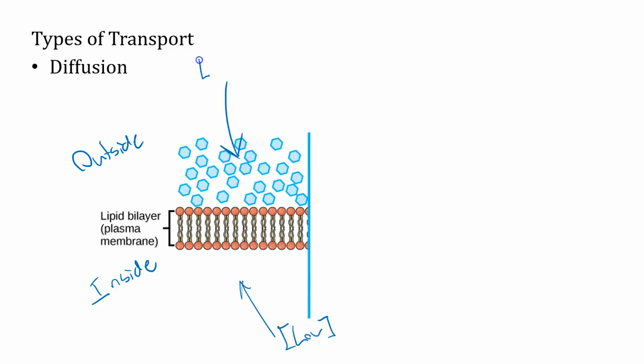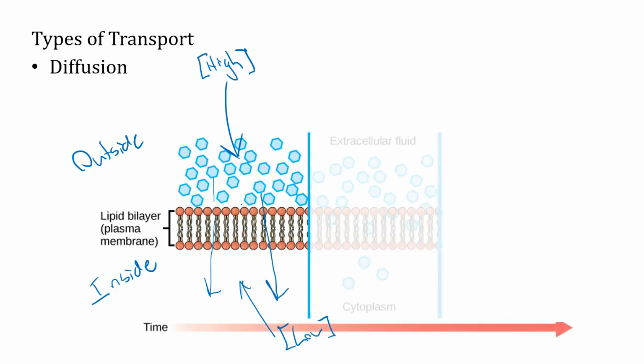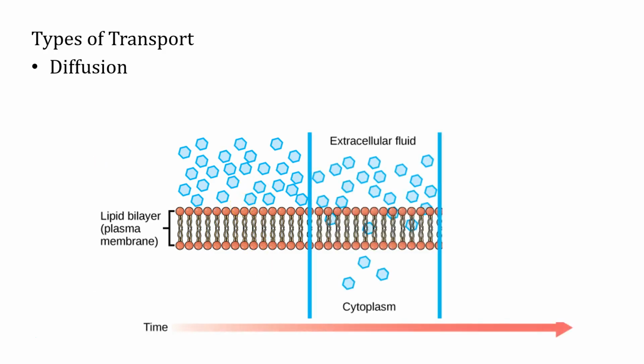This is a very high concentration. And so there's going to be a tendency for these things, as they spread out, to move from their high concentration into a place that's less crowded, the lower concentration, right? So that's going to push these molecules this way, going from high to low. And so over time, you're going to get the movement of some of these things in this direction.